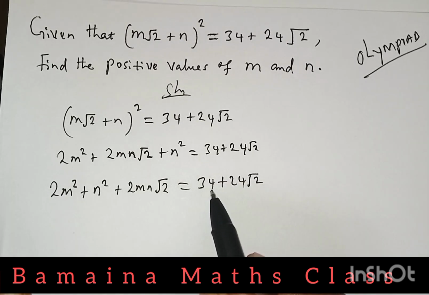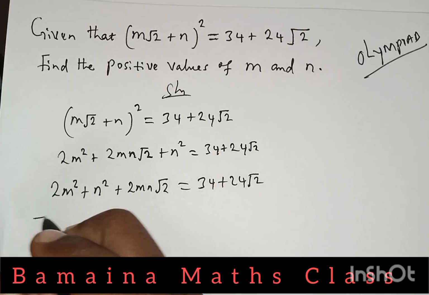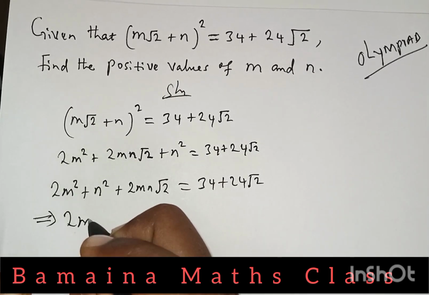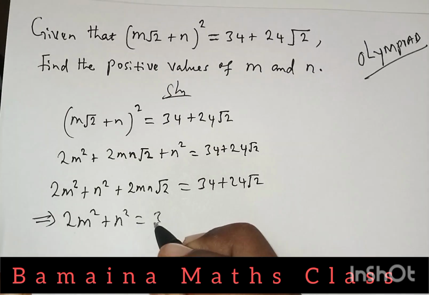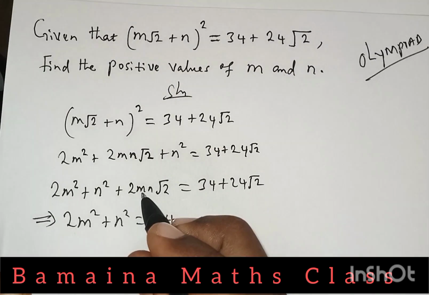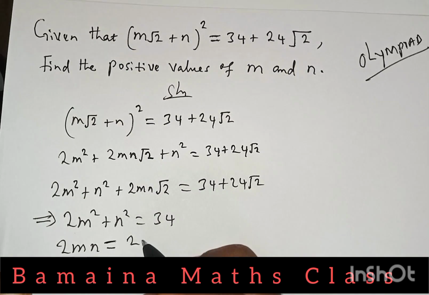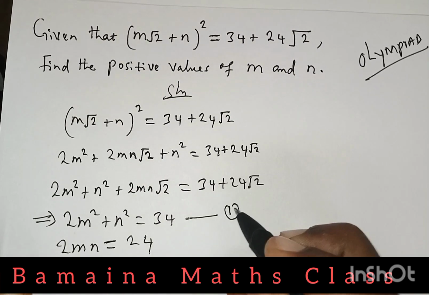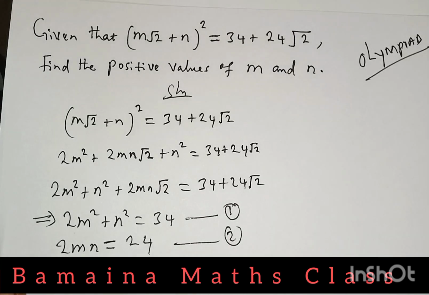And the 34 has nothing, so it's the same thing as 2m square plus n square. So this means 2m square plus n square is the same thing as 34, and 2mn is the same thing as 24. So this one will be equation number 1, and this one we call equation number 2.